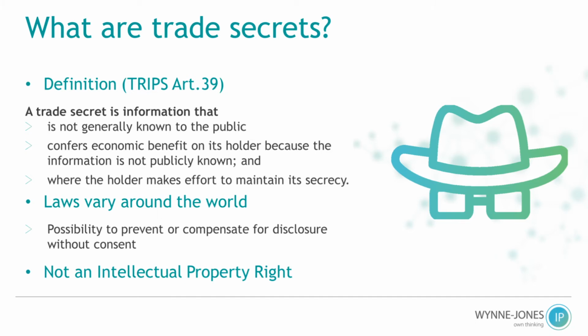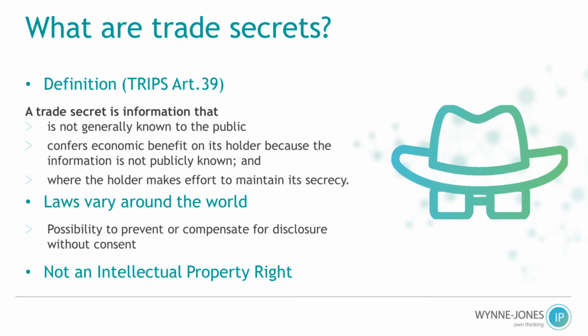The basic definition that is used is that a trade secret is information that is not generally known to the public, that confers economic benefit on its holder because the information is not publicly known, and where the holder has made an effort to maintain its secrecy. So this is a fairly standard definition. Variants of this appear around the world, but these three basic principles tend to apply everywhere and are a good starting point to say, how will we manage trade secrets?